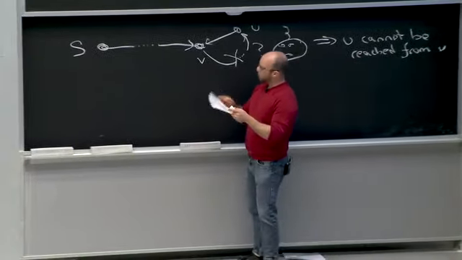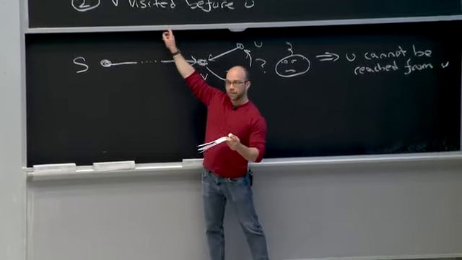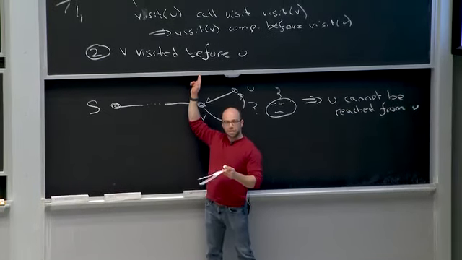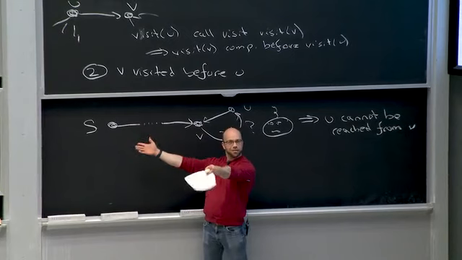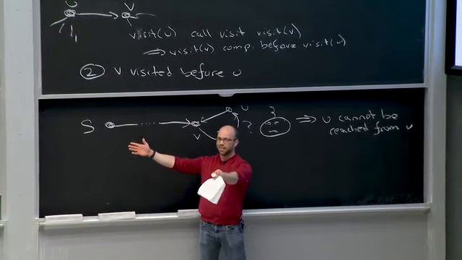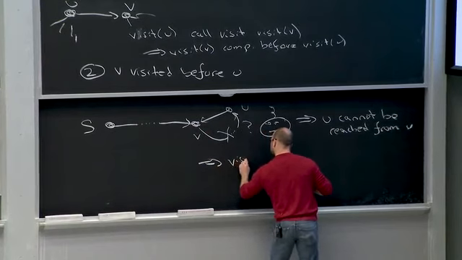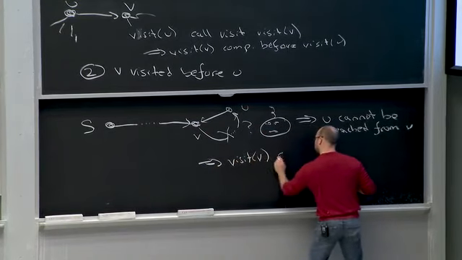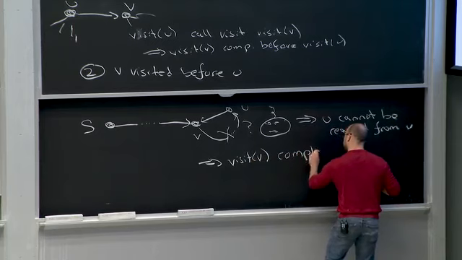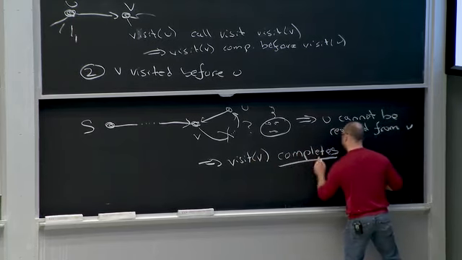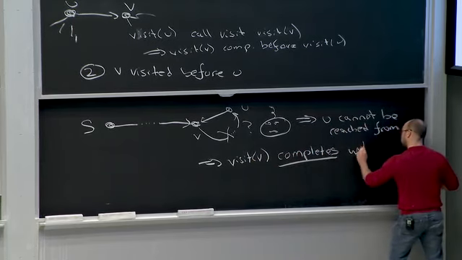It means that the visit to V is going to complete and never see U, because remember that the visit to V only ever calls things that are descendants of V. So in other words, visit of V completes without seeing U.